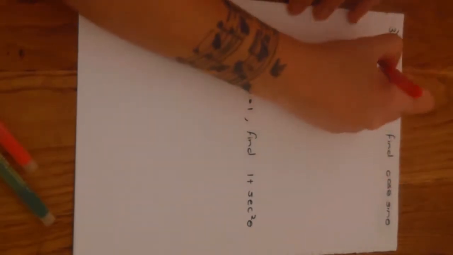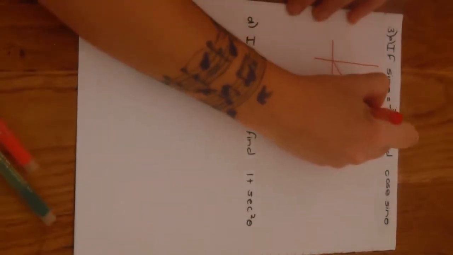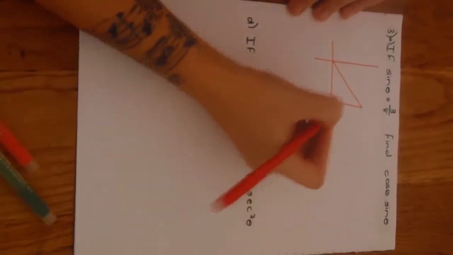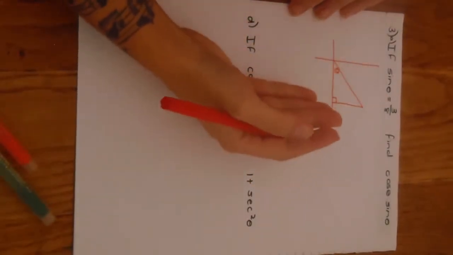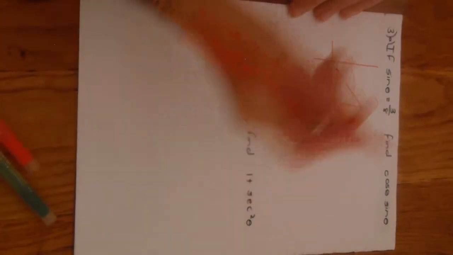So you just know that for this one, if they don't give you other information, you're going to draw it in the first quadrant. Okay, so your triangle is just going to look like that, with your right angle, and this will be theta. Okay, so just remember that if it's positive, they don't give you any extra information, just draw it in the first quadrant.